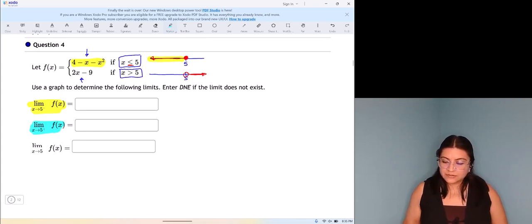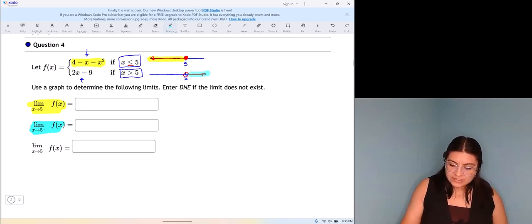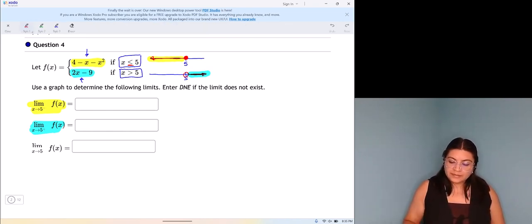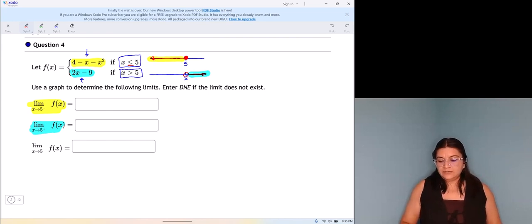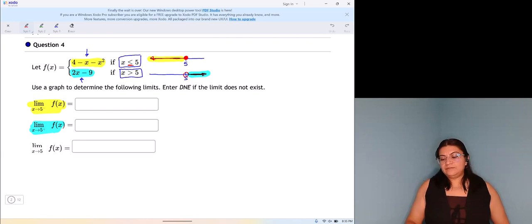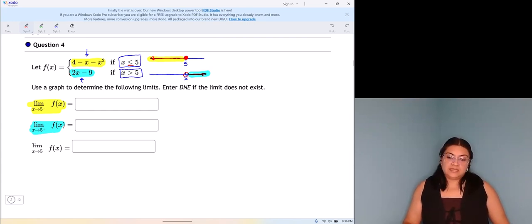This one is coming from the right side, so we're going to be using this formula. The last one asks to find the limit of the function as x approaches 5. If the limit for the one in yellow and the one in blue are matching, then that's the limit as x approaches 5. But if it's not matching, then we put DNE.